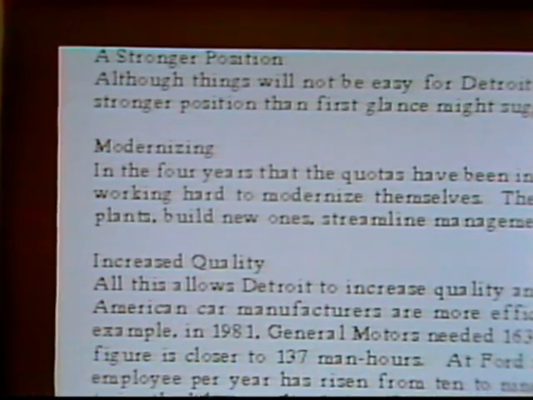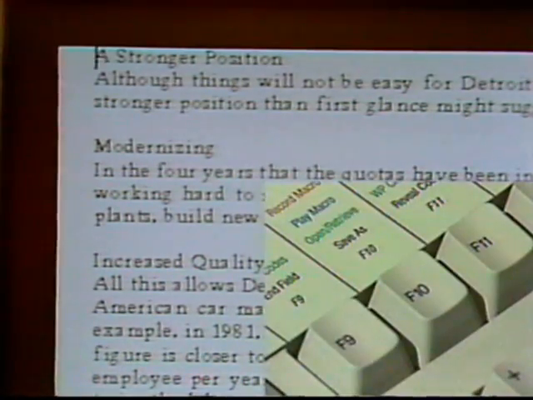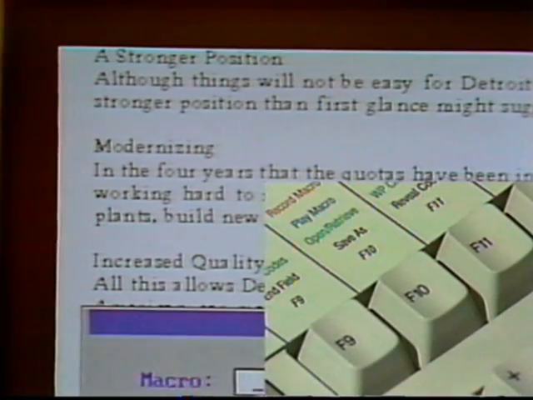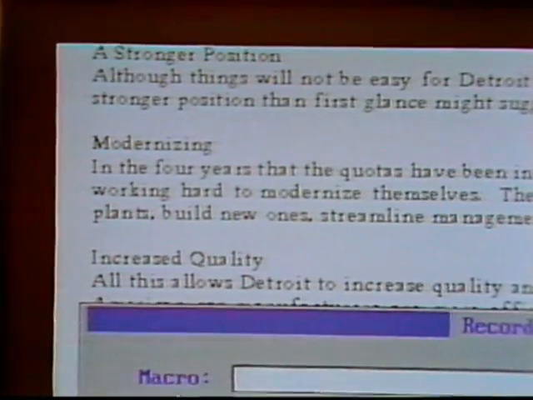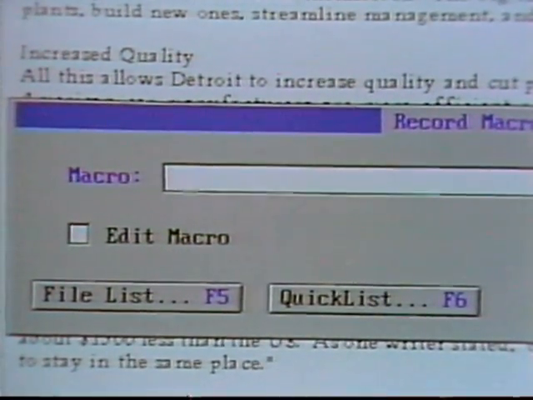Place the cursor where you want it in the document, and then hold down Control and press F10. This is Record Macro. Then we get a Record Macro box. We can type in a name for the macro.